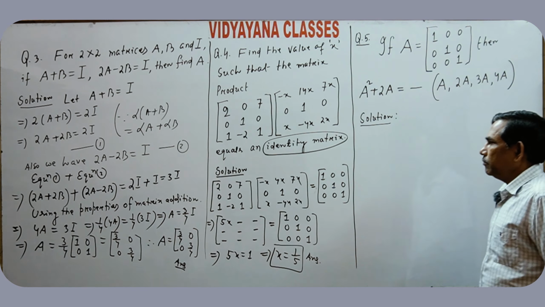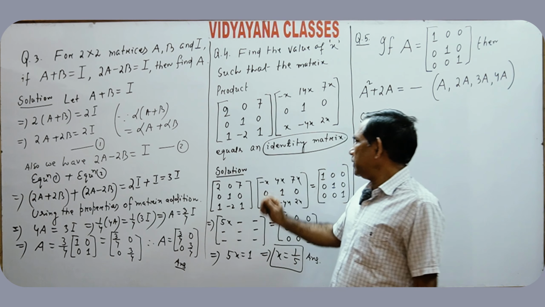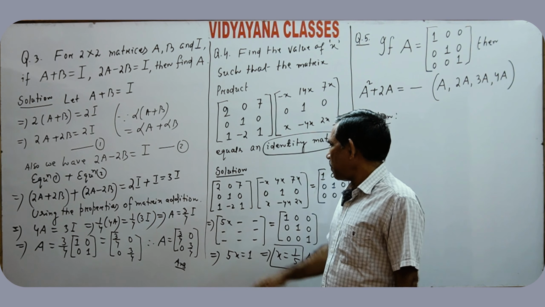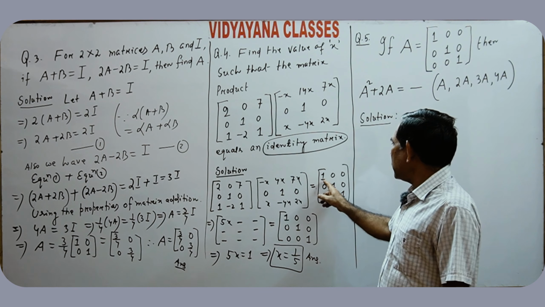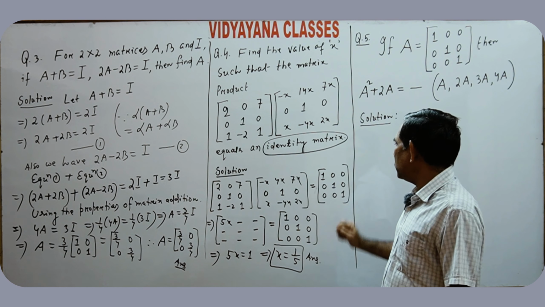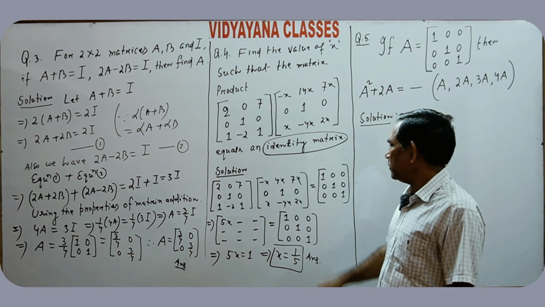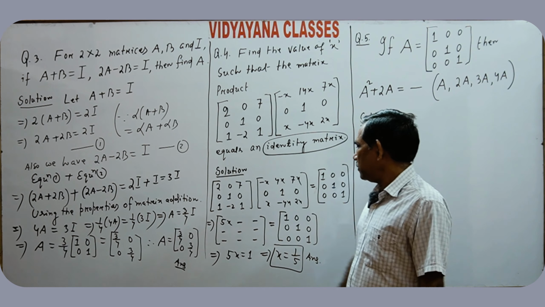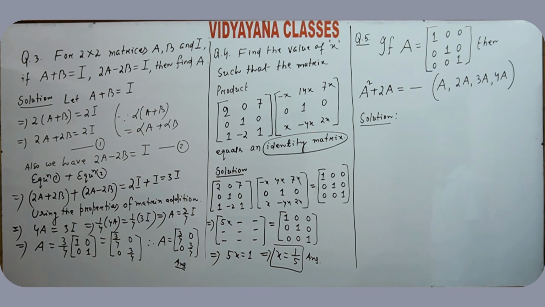Adding the products gives 5x, which is the element A11. The right-hand side is the unit matrix, where A11 represents 1. So 5x is equal to 1, x equal to 1 by 5. Clear?